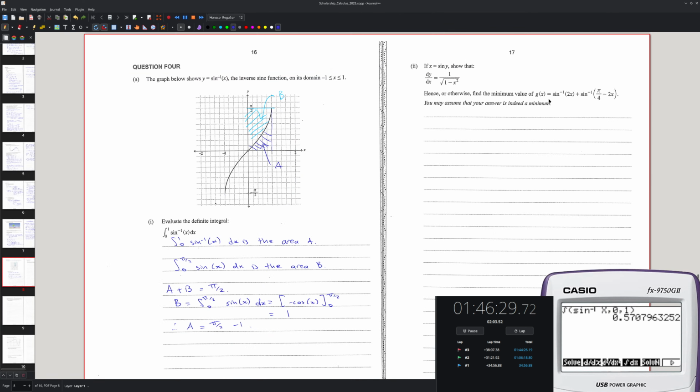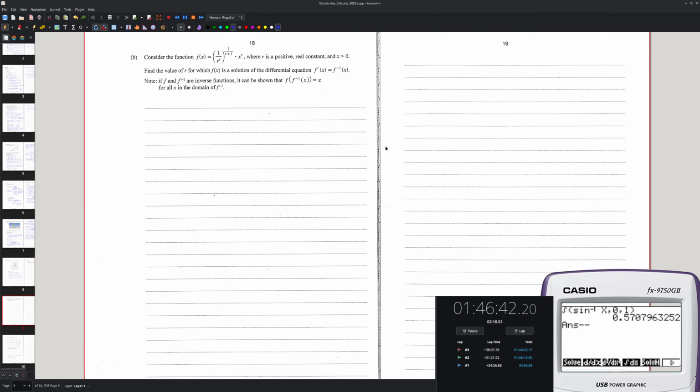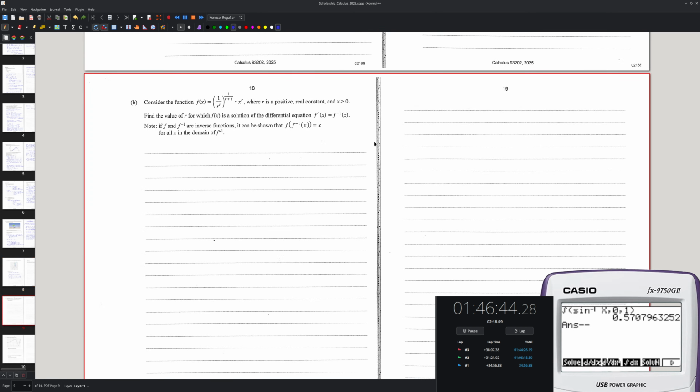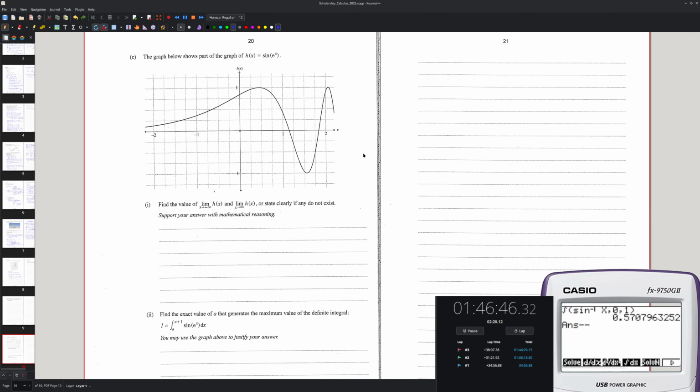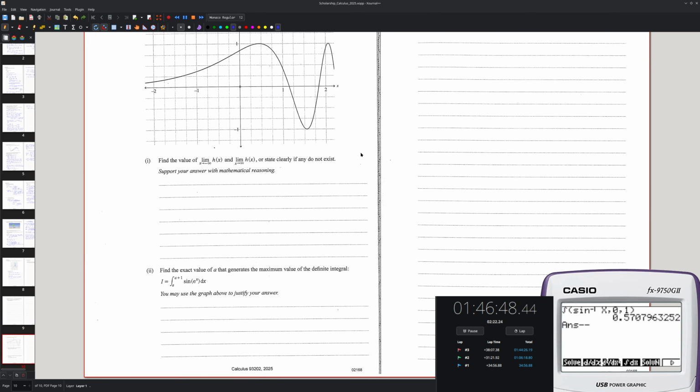Find the minimum value of g of x equals what? Oh, brother. And is it part C? Okay, no. Yo, what is this?